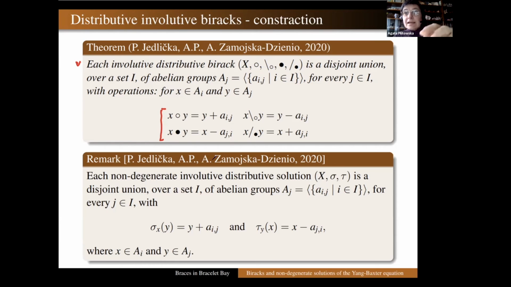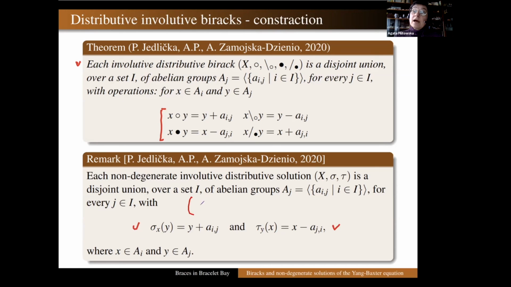If we translate the result into the language of solutions, we obtain that each non-degenerate involutive distributive solution can be constructed on the disjoint union of abelian groups, and mappings sigma and tau are defined in the following way.